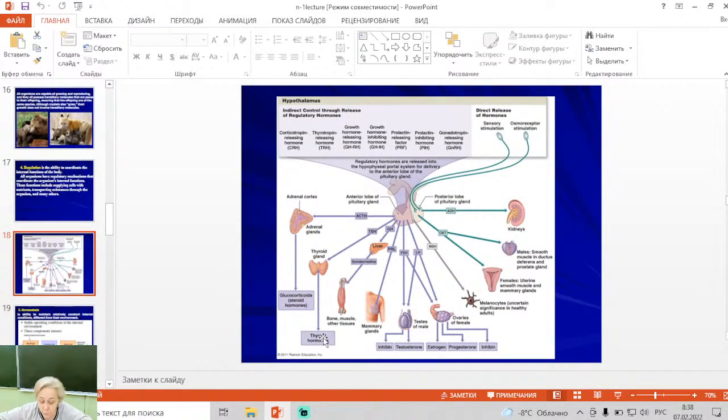In this picture, you can see the interaction between the hypothalamus and pituitary gland. This shows the work of the hypothalamic-pituitary system.